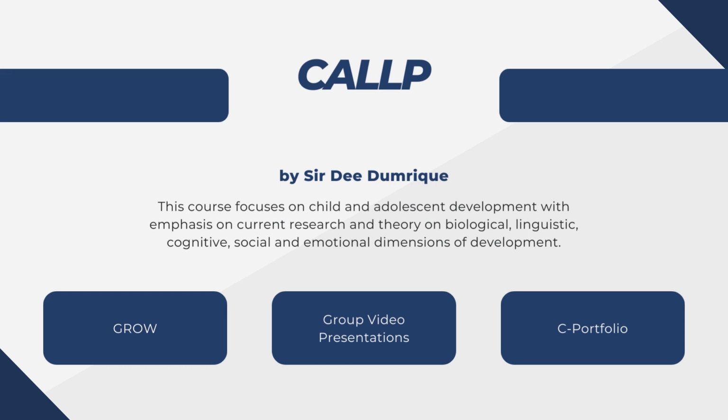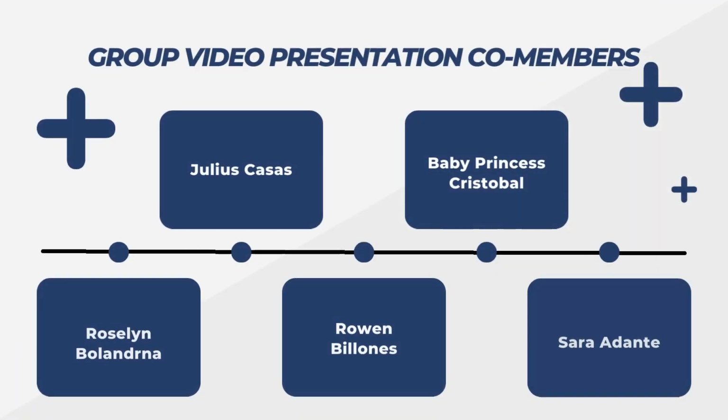Since I've covered the basics, let's move on to the first part of the presentation, which is the group video presentation. These are my co-members, Julius Cassis, Baby Princess Cristobal, Rosalind Bolandrina, Rowan Billones, and Sarah Adante. These are my group members, whom I worked with from lessons 1 to 9.